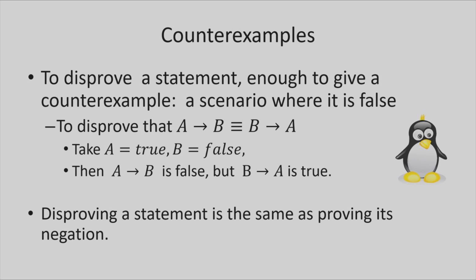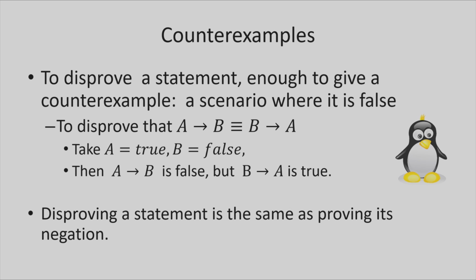But the right side, B implies A, will be true. Here, we disproved that no matter what A and B are, if A implies B, B implies A, the other way around, by just presenting one scenario, A being true and B being false, for which this actually doesn't work.